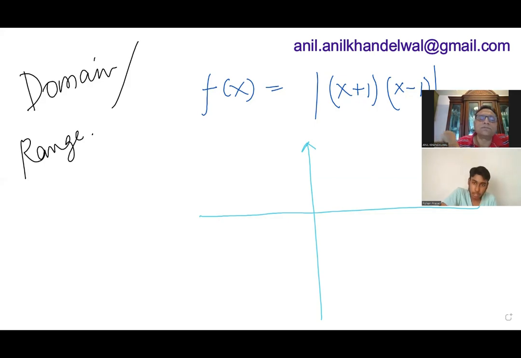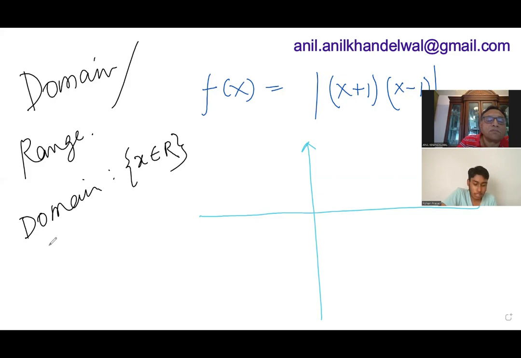Domain is correct. Domain is always all real numbers for polynomials, right? Even for absolute function. Range would just be y of real numbers, where y would always be greater than equal to 1.